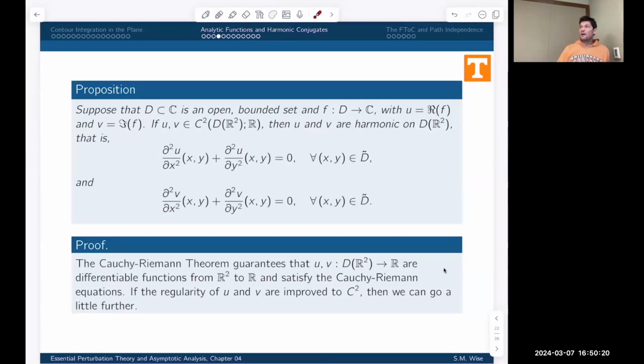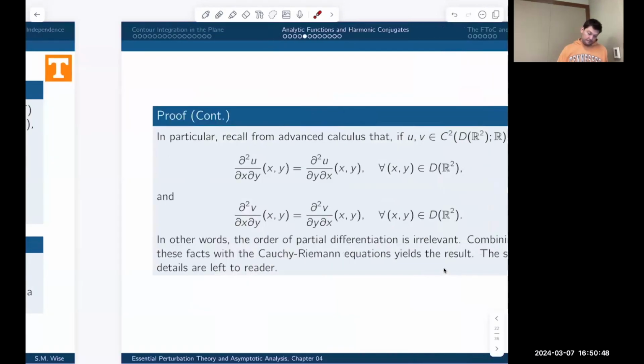That's a much more powerful statement than just saying that the derivative exists. So that means that F must be analytic at all points in D. I said harmonic, I meant to say analytic. U and V are harmonic by definition, and the reason is the Cauchy-Riemann equations.